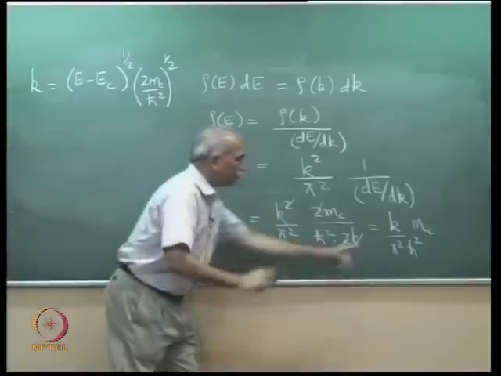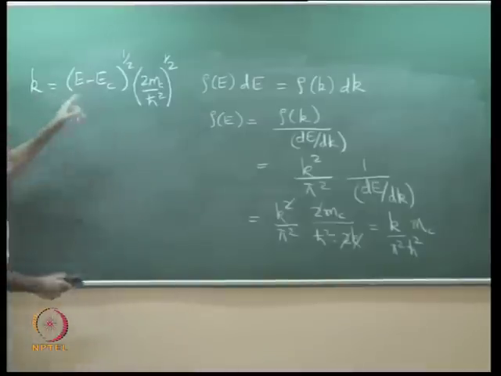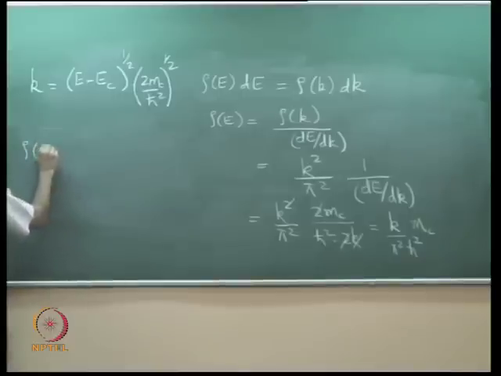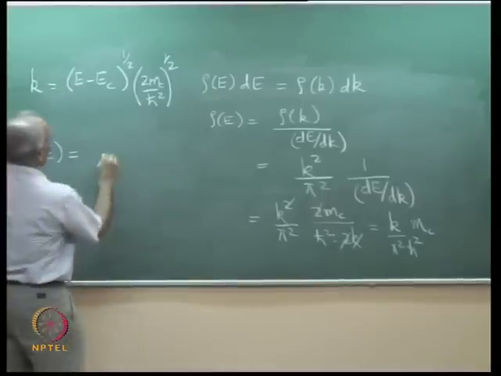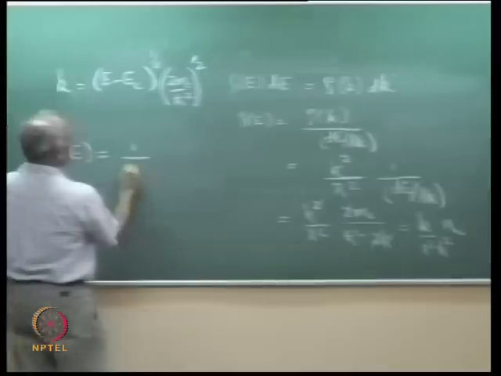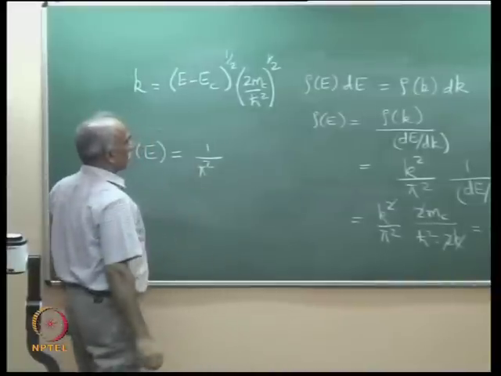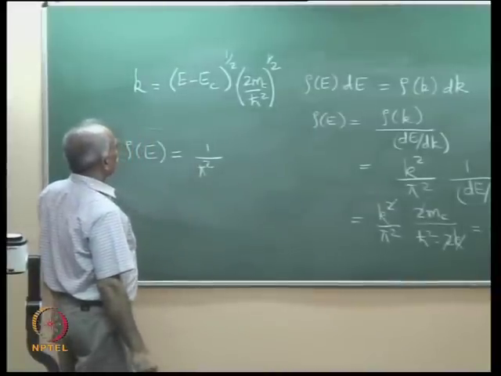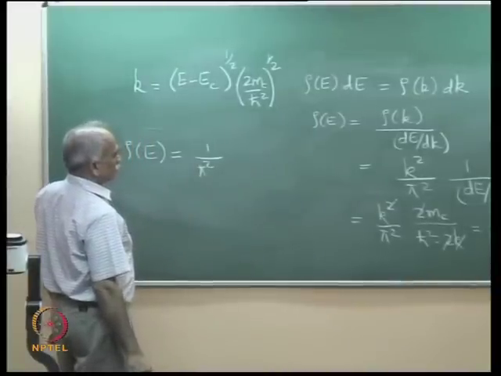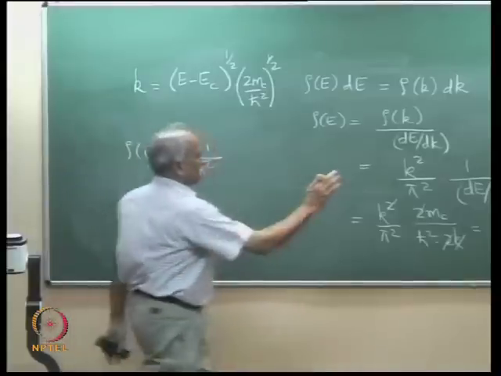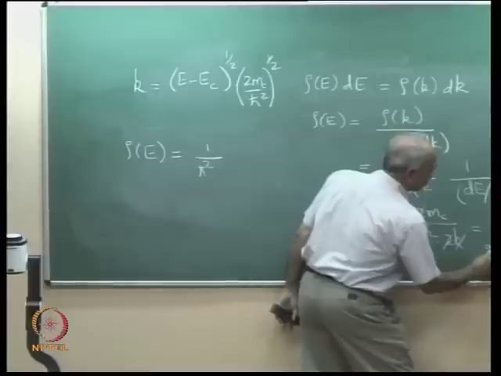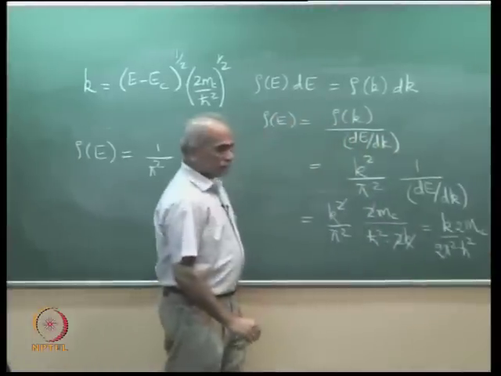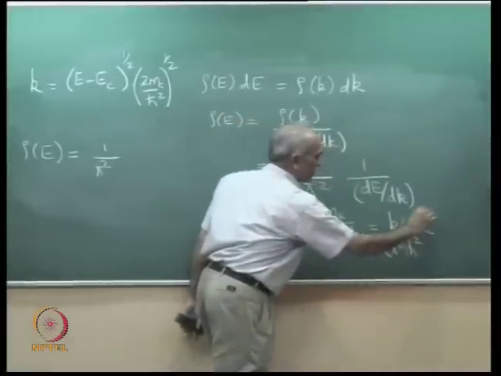And substitute for k from here. So we have rho of E equal to, for k I will substitute this. So I have 1 over pi square. Let me keep this 2 and 2, just because I want to take this together.